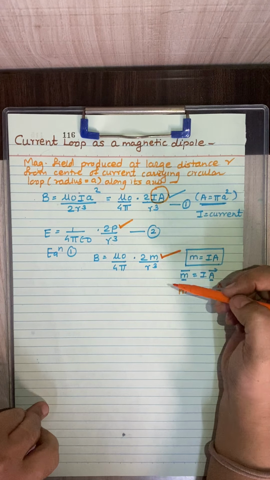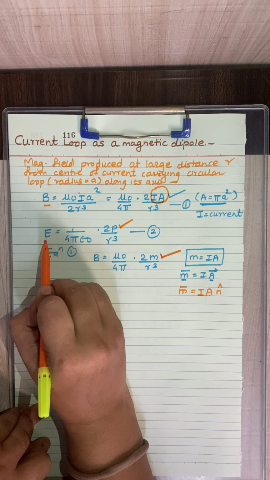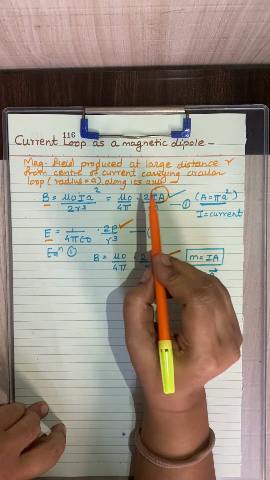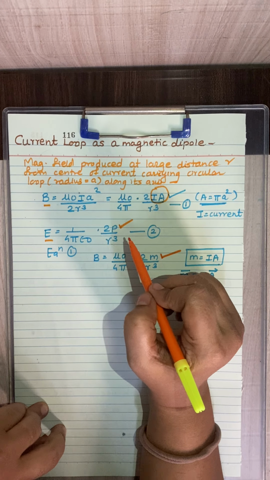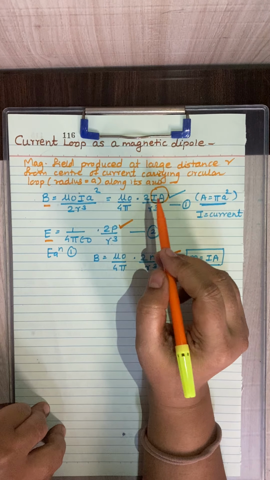So if we compare these two equations, B and E have the same distance dependence.